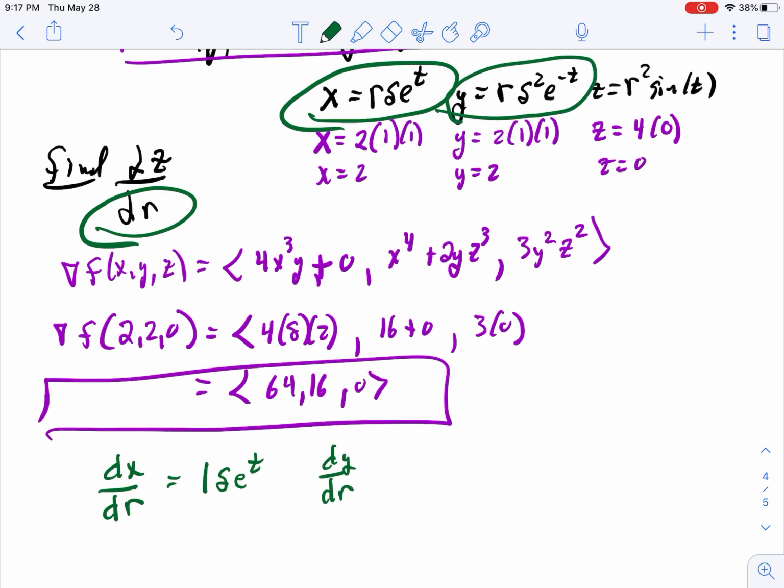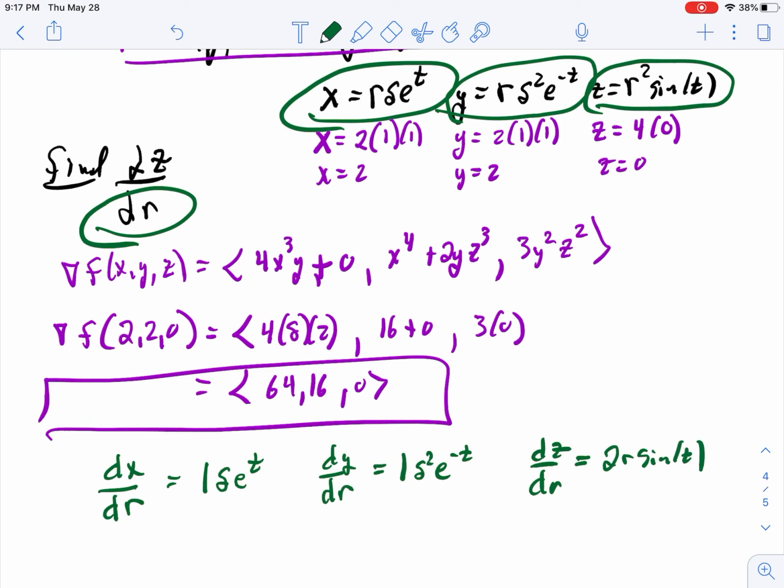Now doing dy dr. So I'll come back up here. So derivative of r would be again just the 1, s squared e to the negative t, and then dz dr. Okay, that would be 2r sine of t.